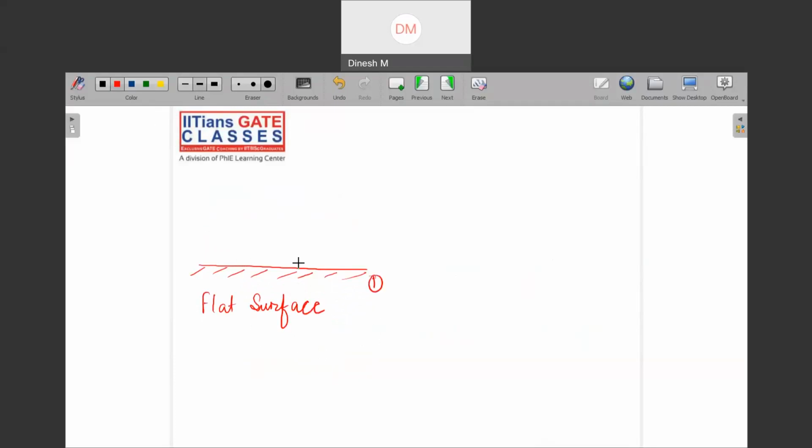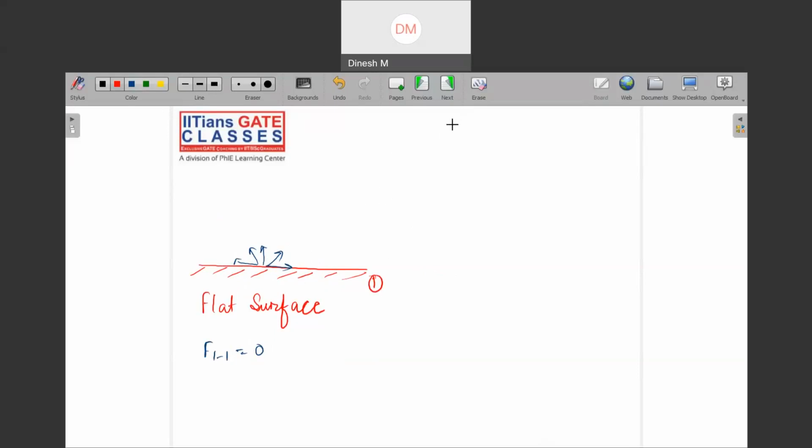If this is surface 1 and it is emitting radiation, then what are the chances that the same radiation will hit this surface again? The chances are nil, because there is no chance that it will come back to this surface. So what is F11 here? F11 in this case is 0.